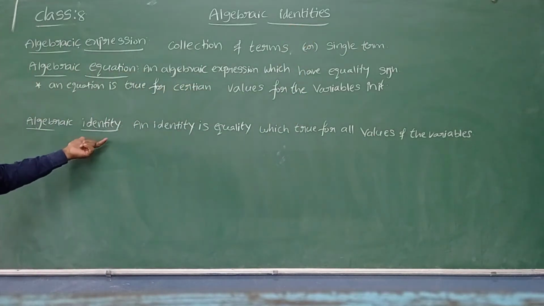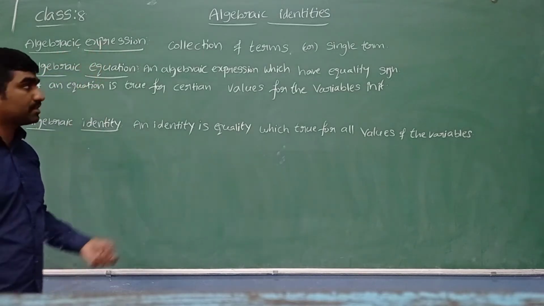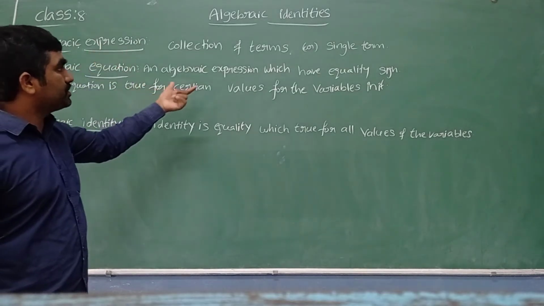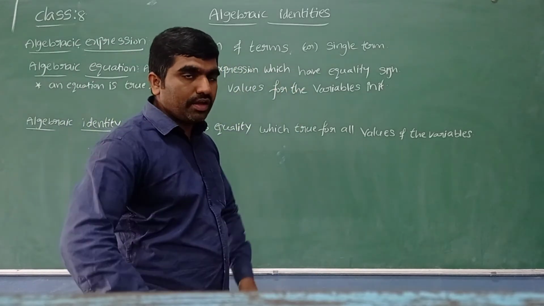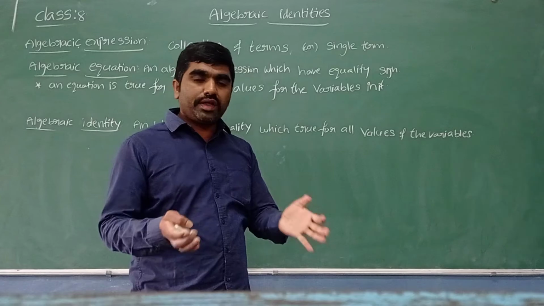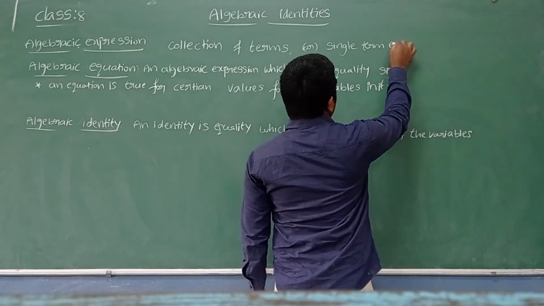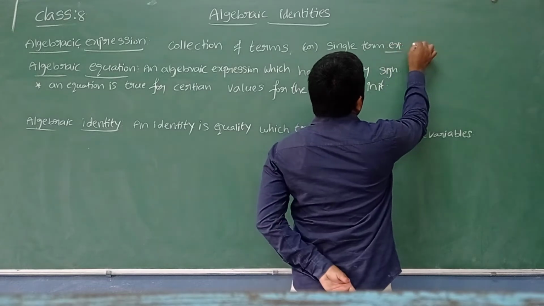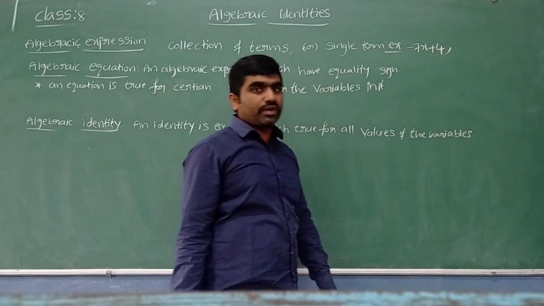Before going to the identity directly, first we will see what is meant by algebraic expressions. An algebraic expression is a collection of terms or a single term. If you take a collection of terms or a single term, we consider it an algebraic expression. Example, like I take minus 7x plus 4. I can see a collection of terms.